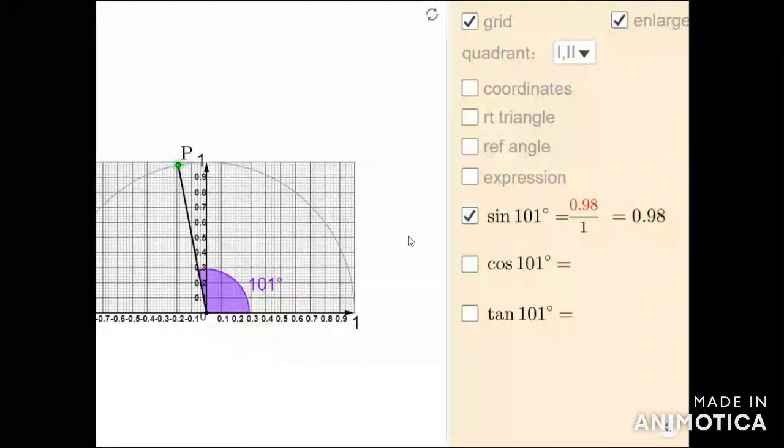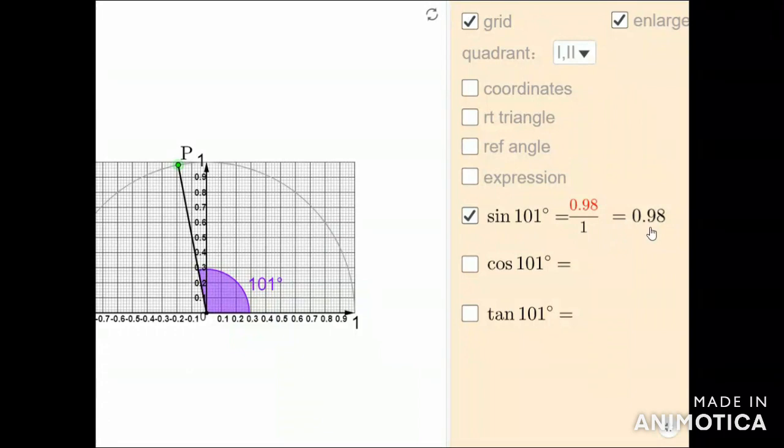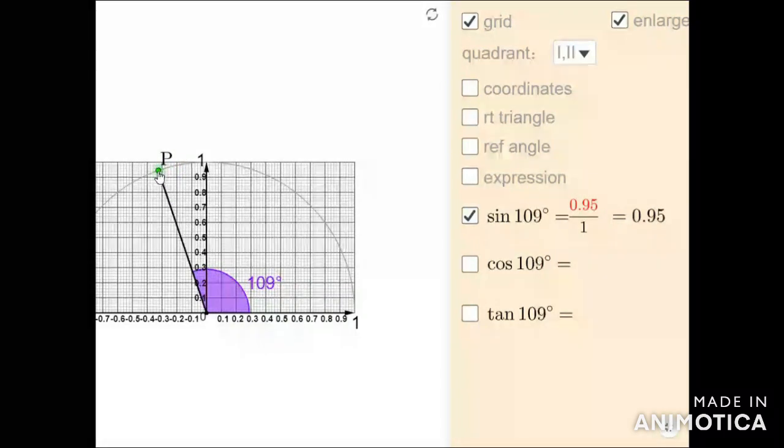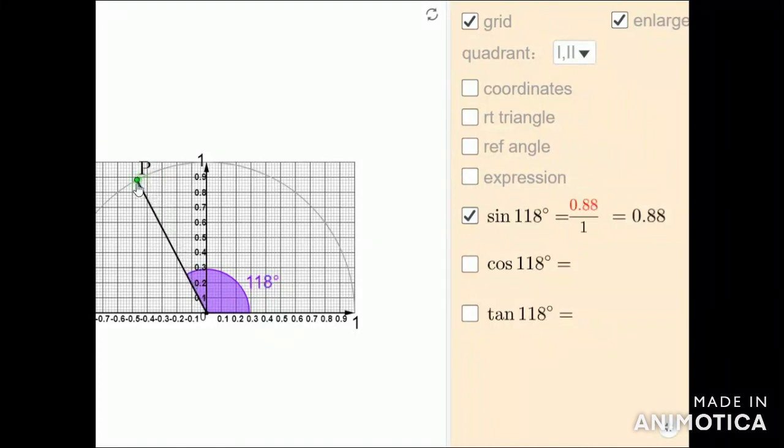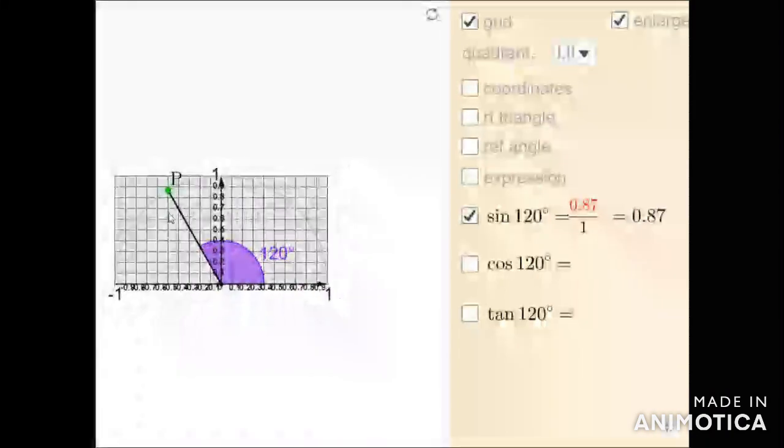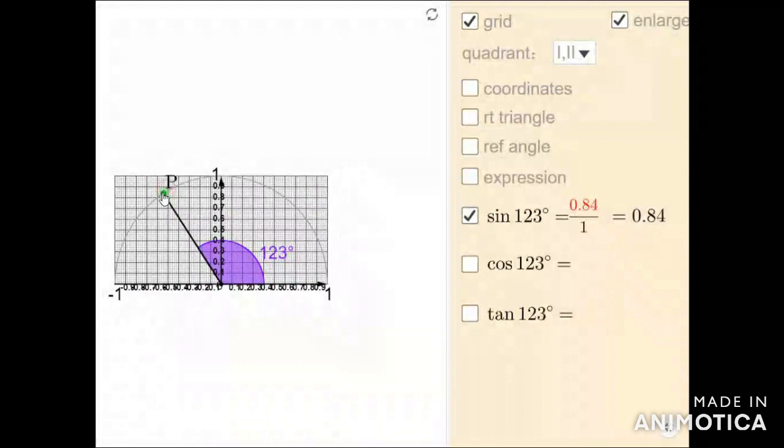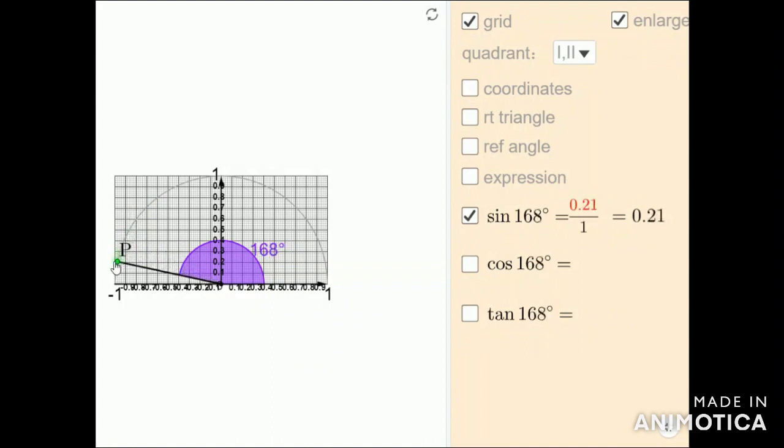Here also the value of sin x is positive, because in the second quadrant the y coordinate is positive, therefore sin x is still positive. But if you increase the angle, the value of sin x decreases, and like this, when you reach 180 degrees, sin x will become 0.